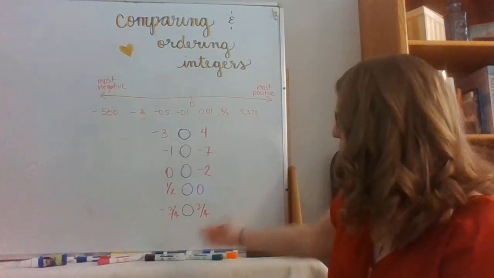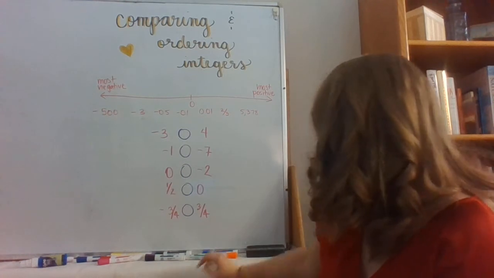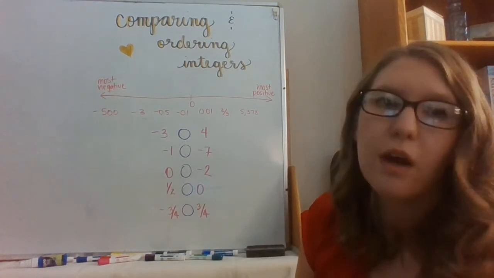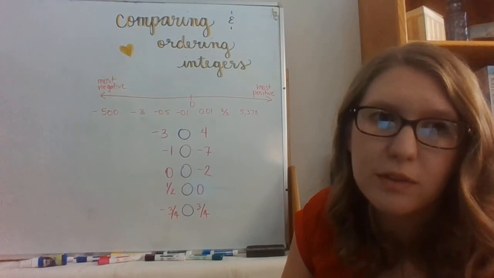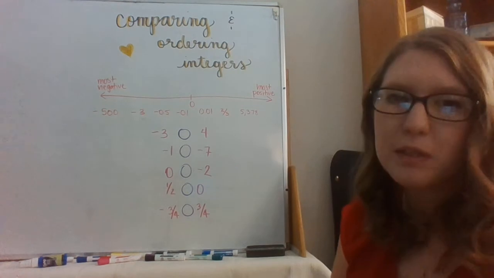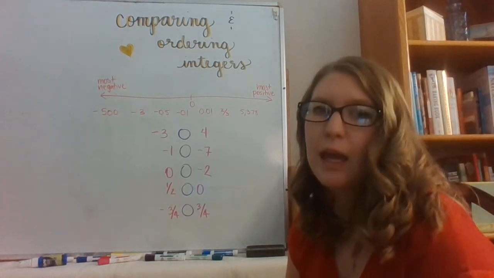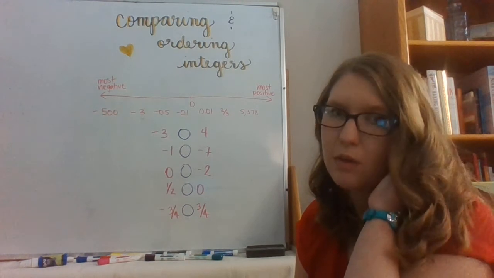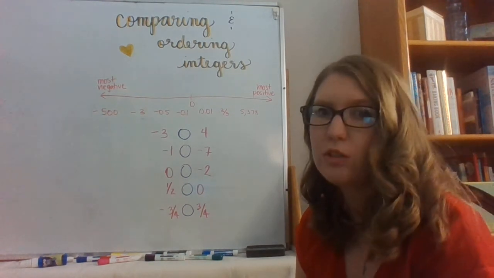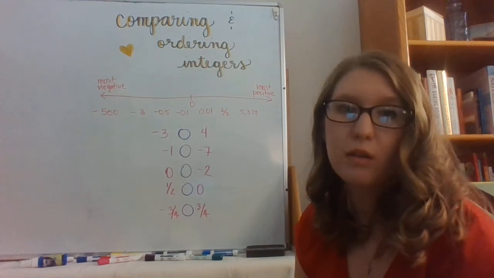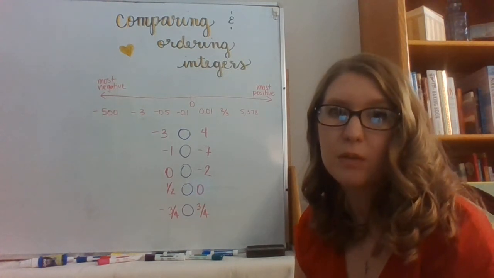Now, if I'm comparing certain numbers, then I can take some different things into account as well. So once again, I'm taking into consideration how far away it is from 0, that absolute value, and I'm considering which side it's on. So if I'm comparing two positive numbers, then the greater positive number is always going to win.